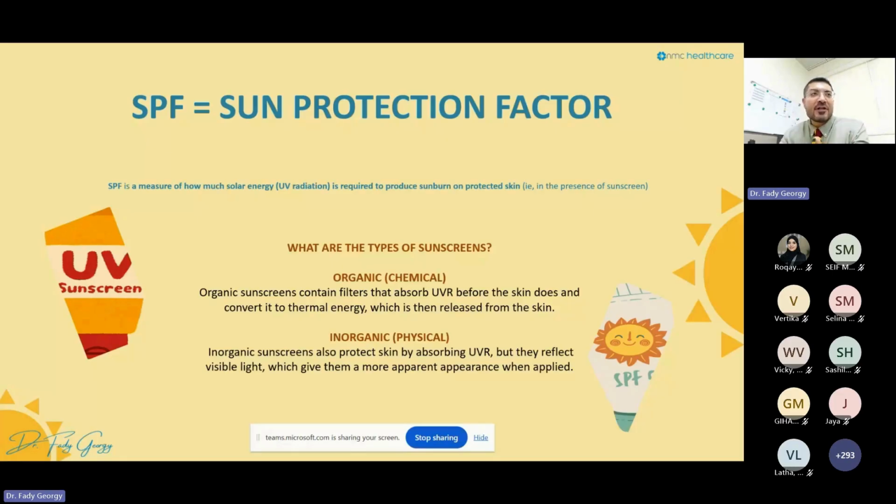Inorganic or physical sunscreens tend to leave a whitish hue on your skin, whereas organic or chemical sunscreens tend to blend in. They're almost invisible and easily absorbed by your skin, unless they are tinted or have added tint to make them blend easier with your skin if you're more melanated than others.